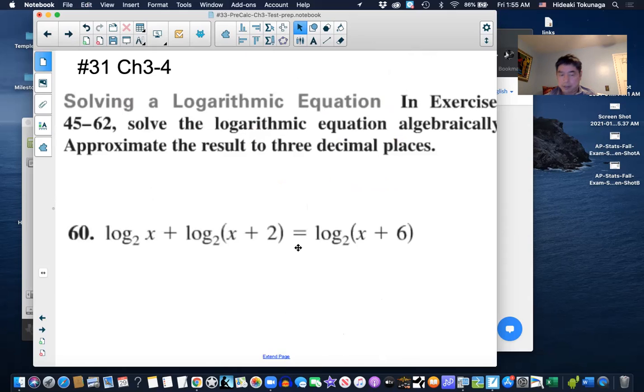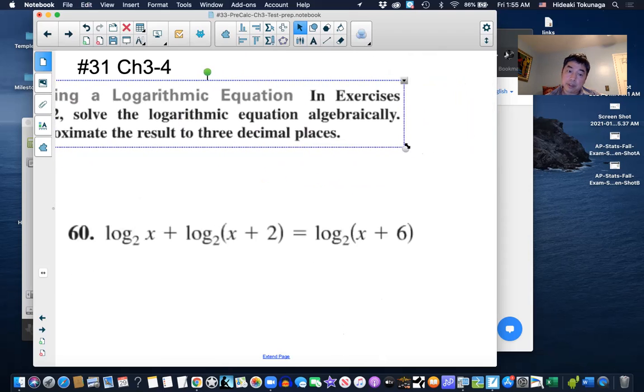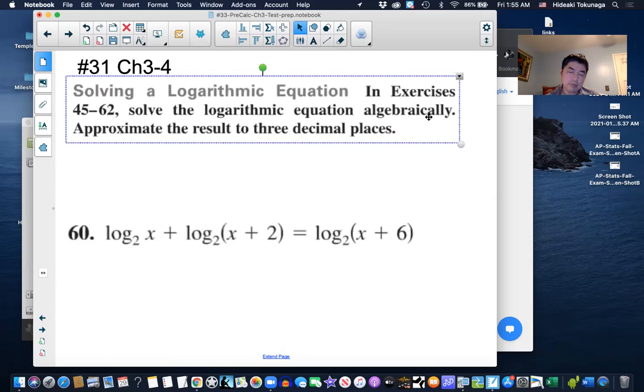This is, I didn't do this homework, but take a look. If this is the equation, let's see, what can I do?